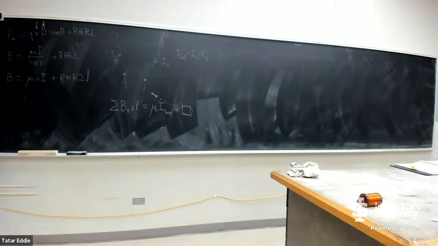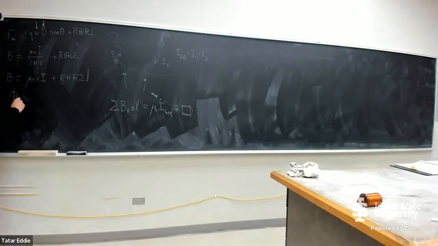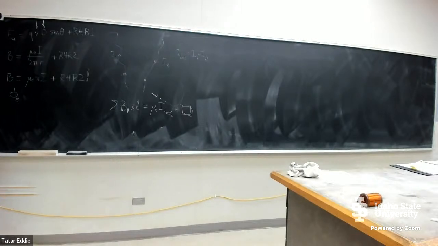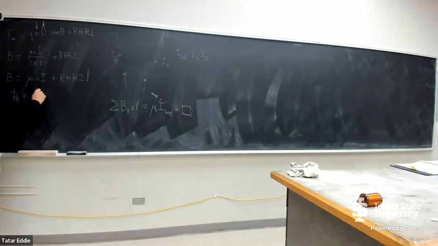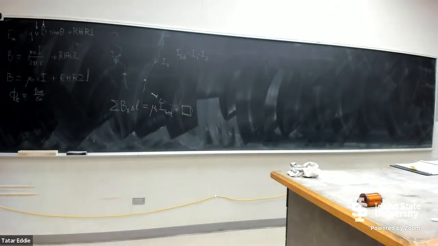But now we have 3 of the 4 Maxwell equations. So the first Maxwell equation was Gauss's law, which says that the electric flux that goes through an arbitrary closed surface is equal to the total electric charge enclosed by that surface, divided by the electric permittivity of vacuum or air.